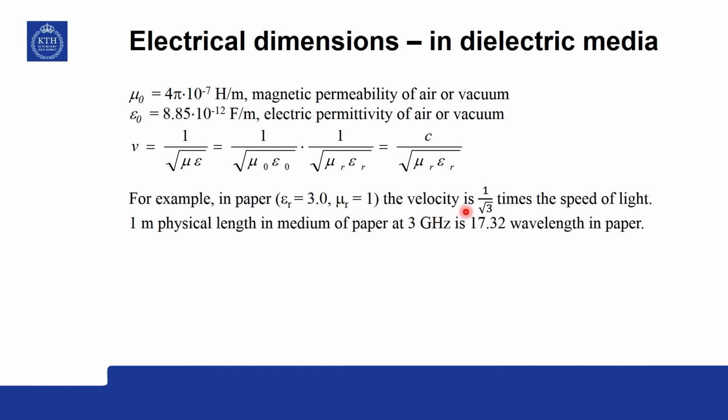So, the velocity is 1 by square root of 3 of the speed of light. So, 1 meter of physical length in the medium of paper is 17.32 wavelengths, whereas it was 10 in air. So, depending upon the medium, electrical dimensions can change.